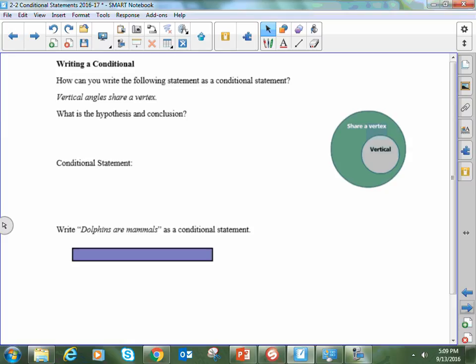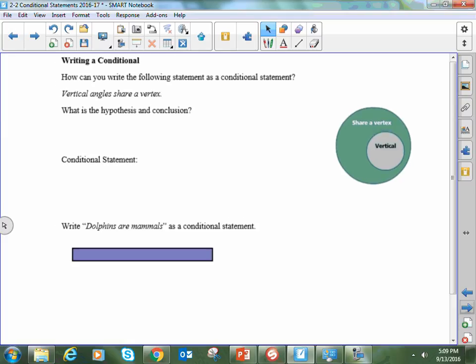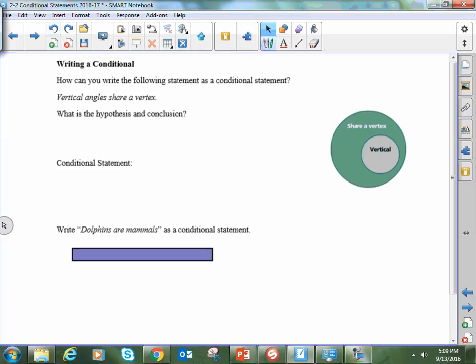So, oops, didn't mean to do that. Let's go back to my pen. So here, the hypothesis, I'm going to say P, and I'm going to say angles are vertical.